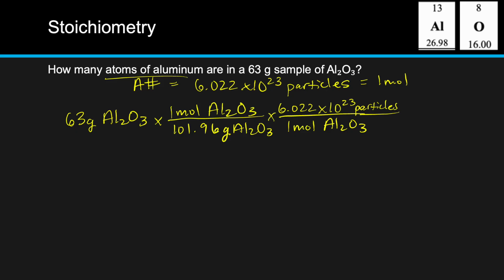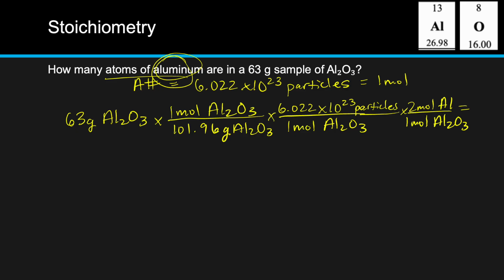Now, that just brought me to particles of Al2O3. I'm specifically asking for aluminum. So I know in 1 mole of Al2O3, I have 2 moles of aluminum. So that is going to get me to aluminum.